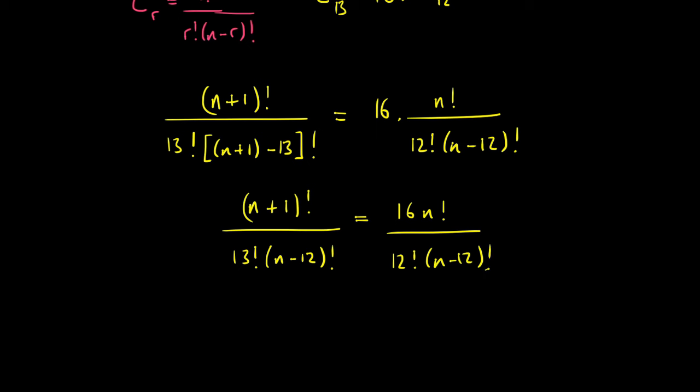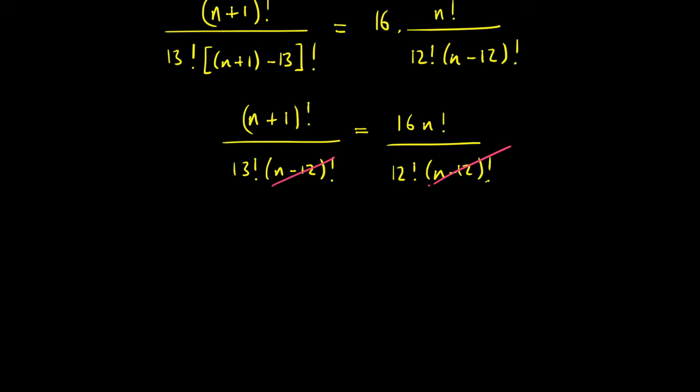Hopefully you can notice that if we multiply both sides by n minus 12 factorial, then that term disappears. So we're left with n plus 1 factorial over 13 factorial is equal to 16 n factorial over 12 factorial.